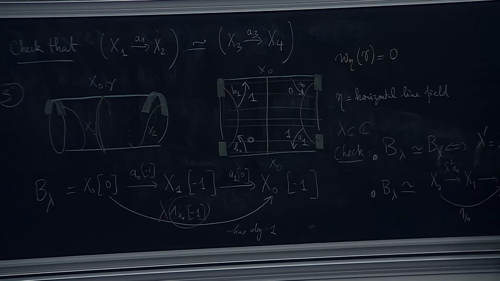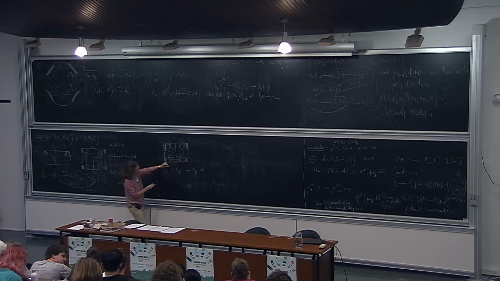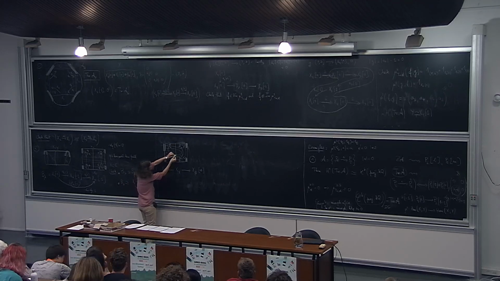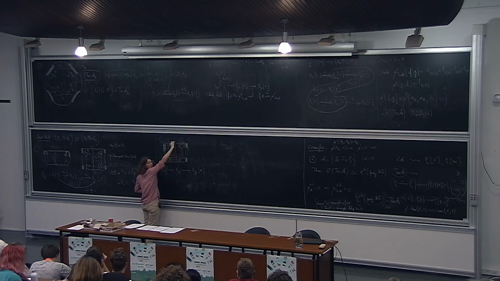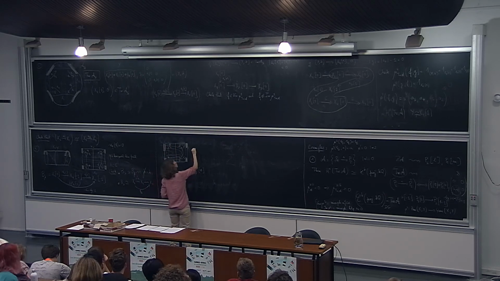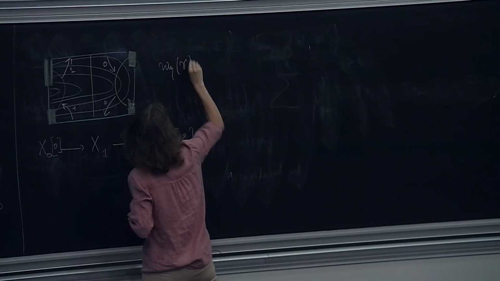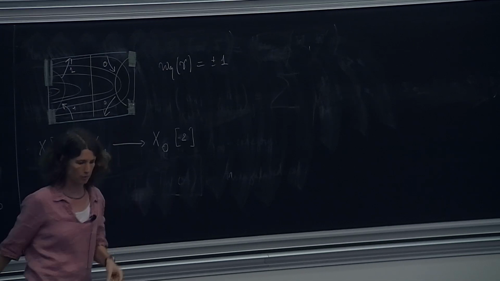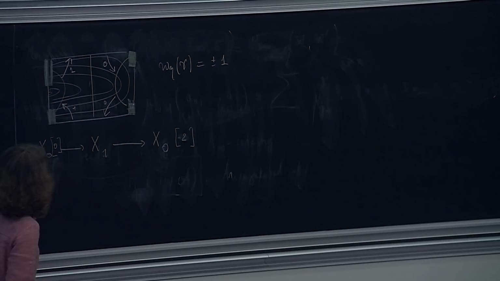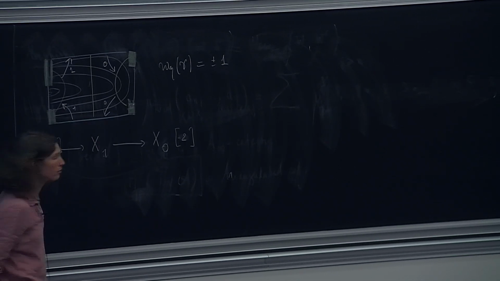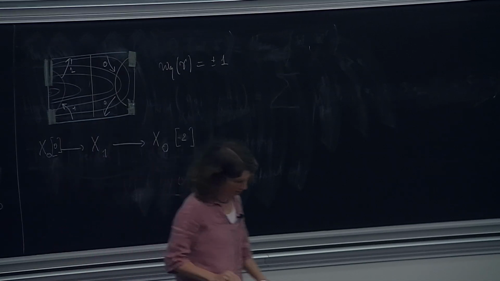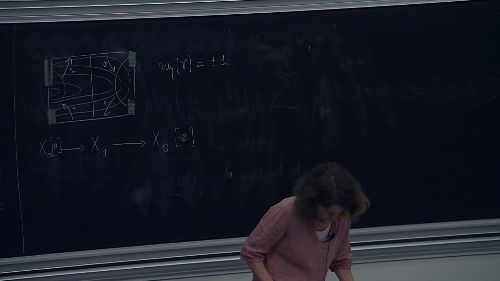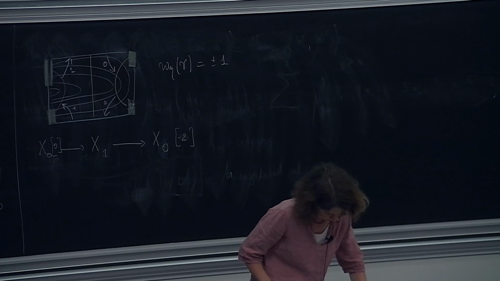Here, if I take this one, I do 1 half turn. So the winding number of this curve is plus or minus 1. It depends on the orientation of the curve, but it's non-zero in any case. So just a remark about this example.